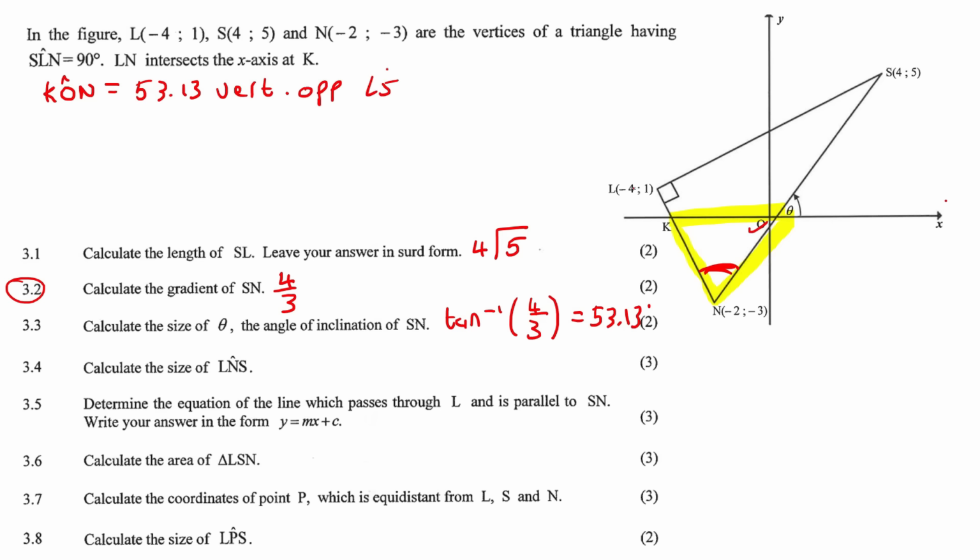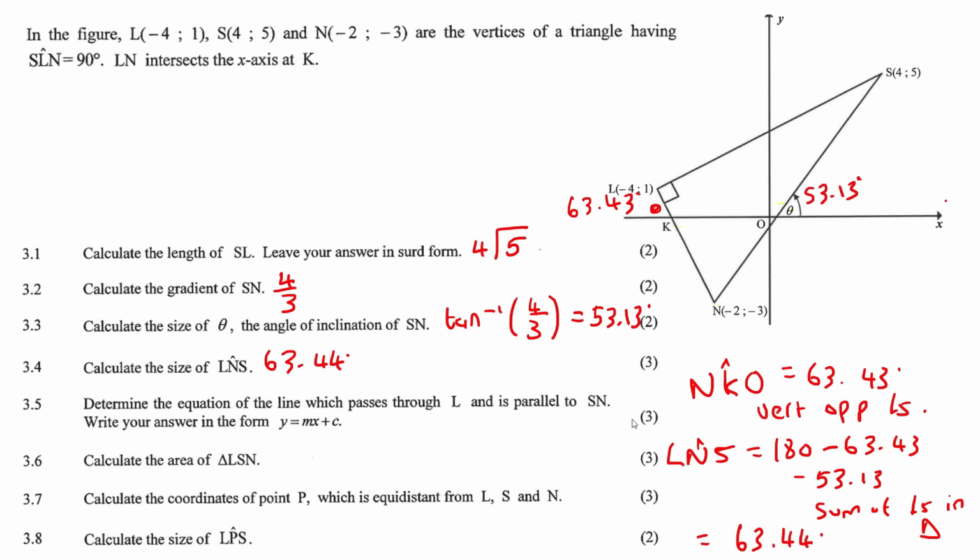So now we have this angle, and now we can just use sum of angles in a triangle. So angle N, or they called it LNS, let's rather do that, is going to be 180 minus 63.43 minus 53.13, and that is because of sum of angles in a triangle. And so that'll be 63.44 degrees.